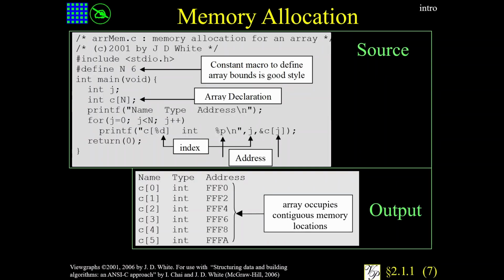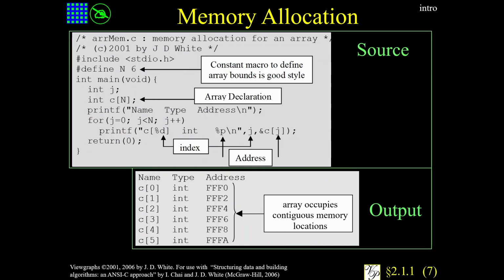All right. So here's our first piece of coding. I'll give you about 2 or 3 minutes to look through the source code and the output. As we look at it, you can see first of all, we start with 2 lines of comments. Then we are including stdio.h because of the printf statement.